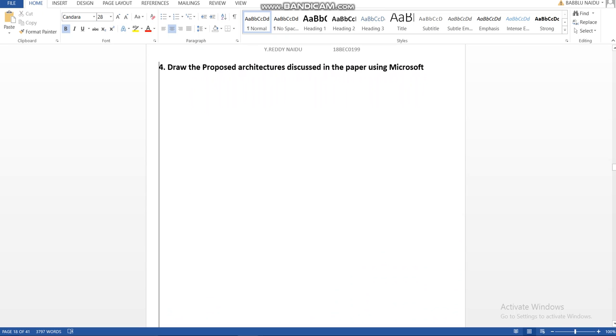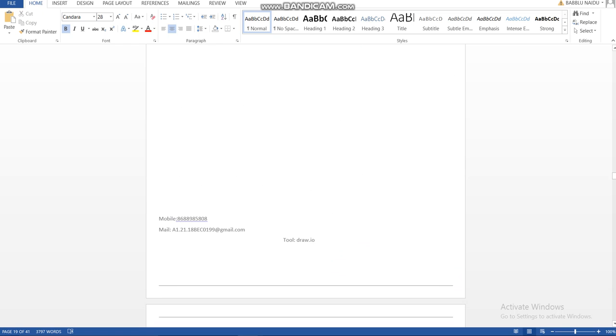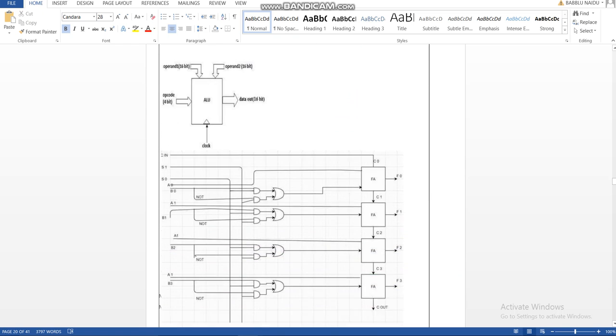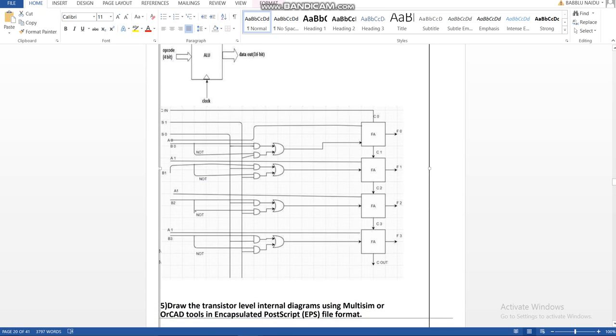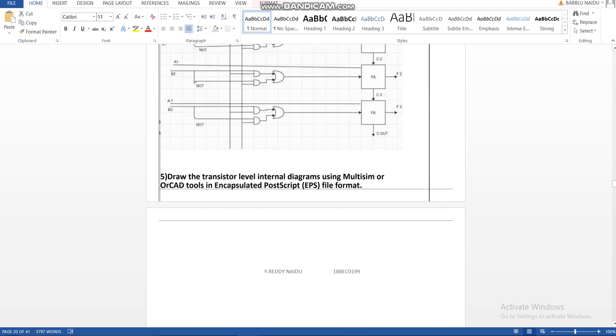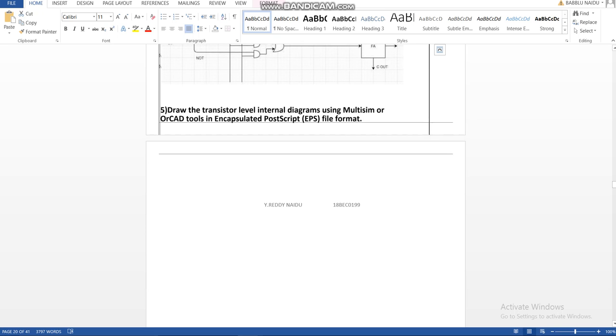Proposed architecture designed using Microsoft Visio software. Opcode, ALU, data, output, clock, these adders. Multisim or CAD tools.